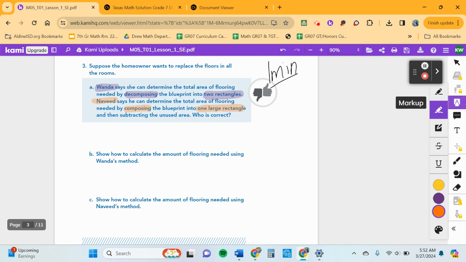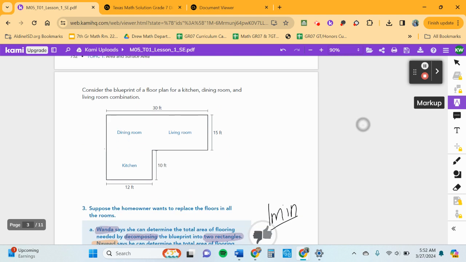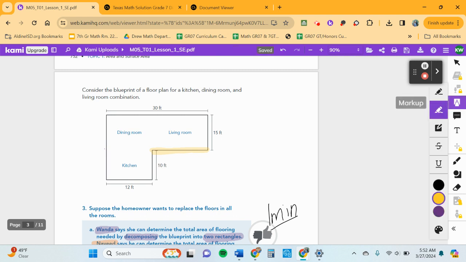Now, one thing before you get started, be mindful of the missing measurements. So I'll give you one as an example. I'm looking right here at the bottom of the living room. It doesn't tell me what the measurement is. However, I can reason about what the measurement is by looking at the measurements that are parallel to it.